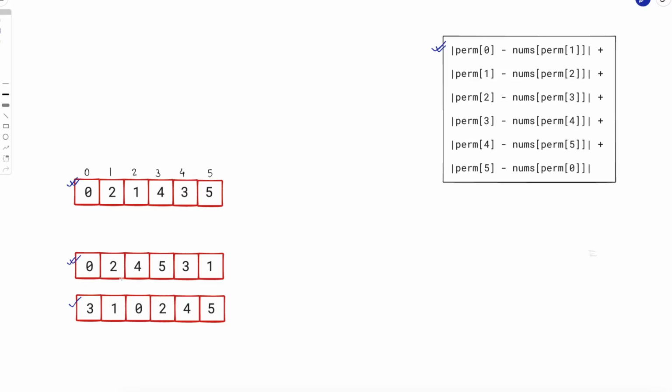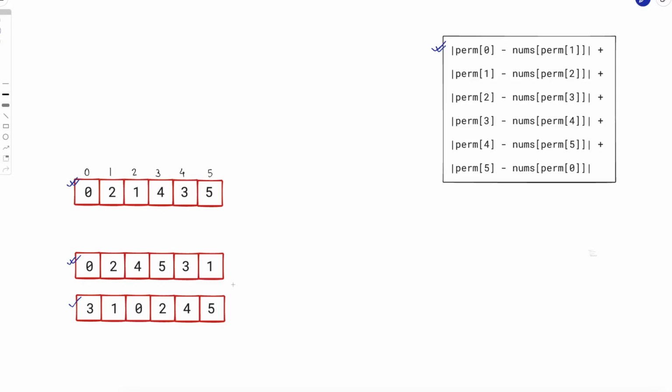If you don't know how to create all possible permutations of an array, this could be a nice problem to try that on. You can write a simple recursion that will give you all possible permutations of a given array, and for each of them you can simply find the score and keep the one which is the smallest.